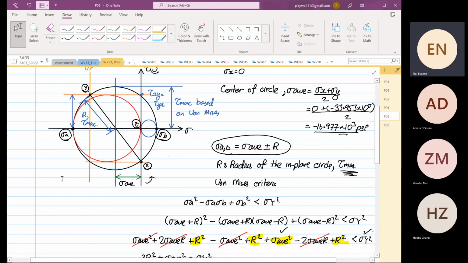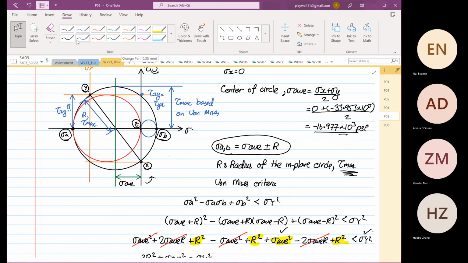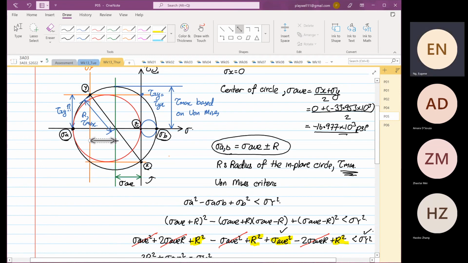Sorry, we want to find this height; we don't know what it is. What we do know is our tau max, and we also know this distance, and that distance is 16.977 times 10 to the power 3 psi.